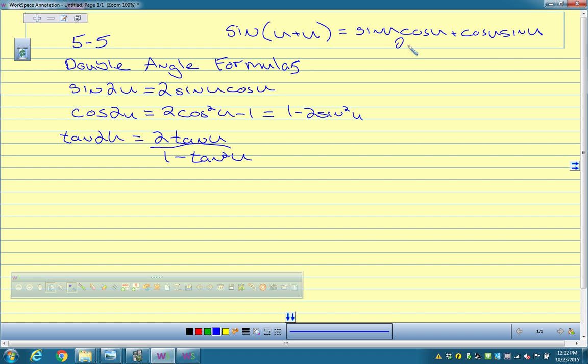That's equal to 2 sine u cosine u. So that's where that one comes from, but it's just nicer to have a quick formula. They do the same type of thing with the cosine one, and you end up with cosine squared u minus sine squared u. To change this into this, you substitute in 1 minus sine squared. But in any case, that's the way they work.